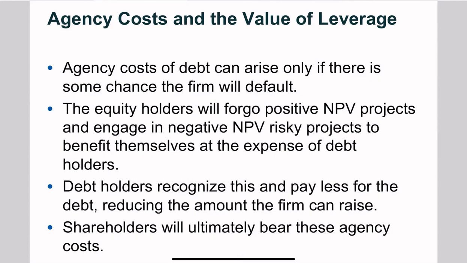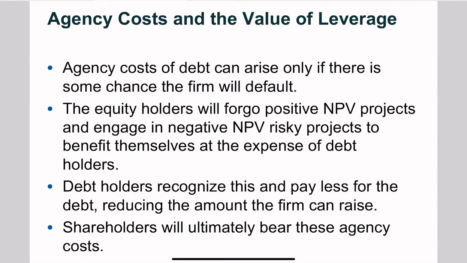And in this case, the equity holders or the shareholders will forgo positive NPV projects, and they will invest in negative NPV risky projects. And if they do this, they will benefit themselves at the expense of debt holders.